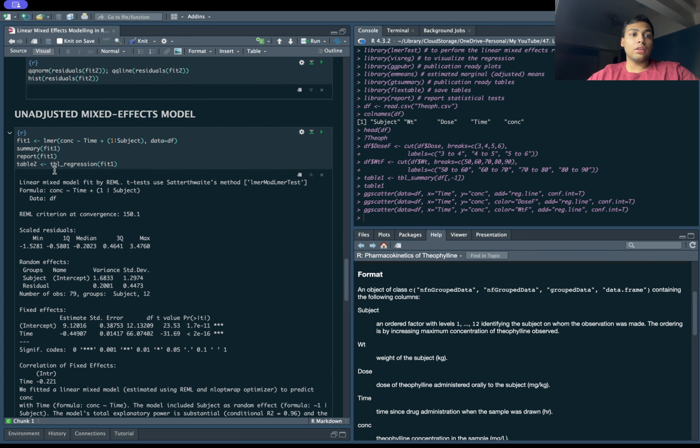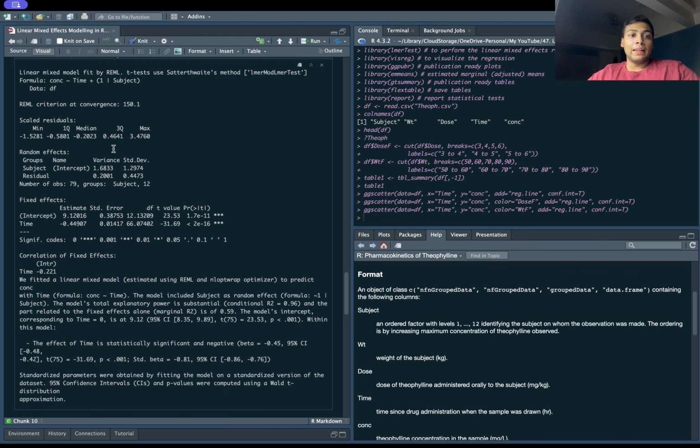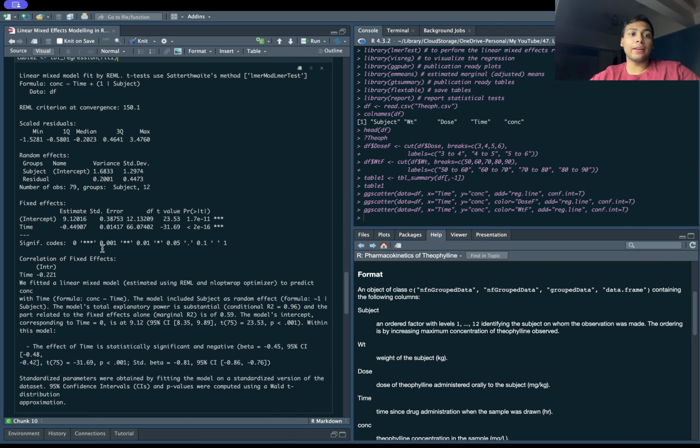And this tbl_regression will give us a table from the gtsummary package. So let us see what this model has done.